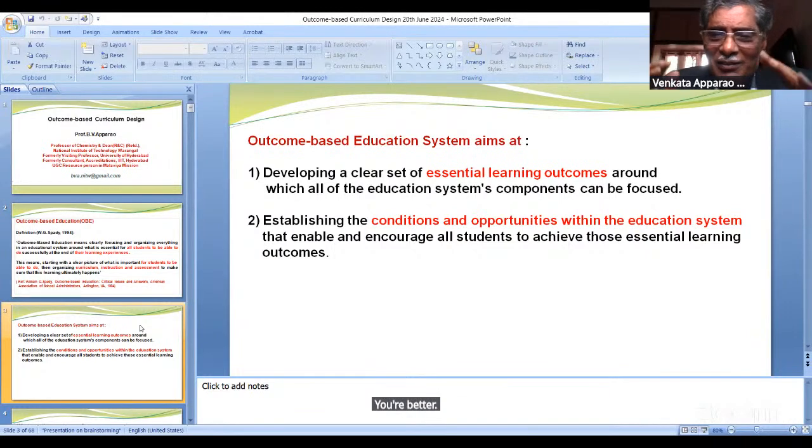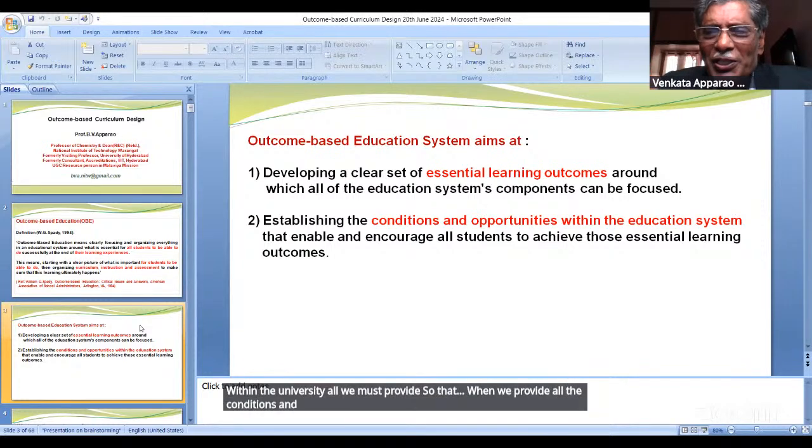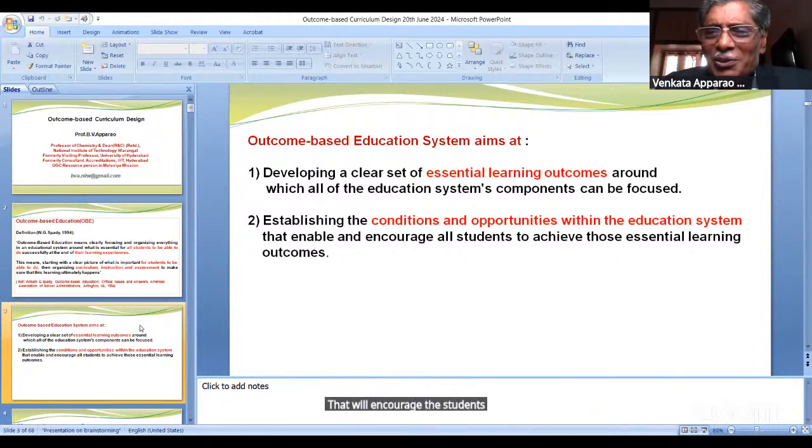So that when we provide all the conditions and opportunities within the education system, that will encourage the students to achieve the essential learning outcomes.